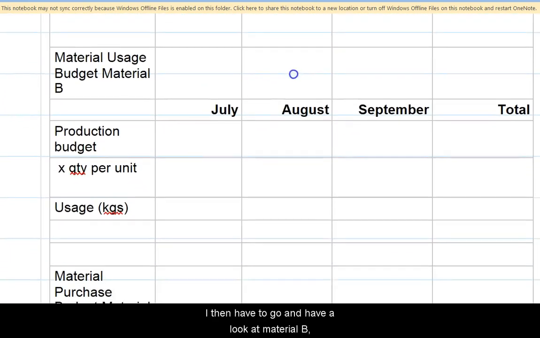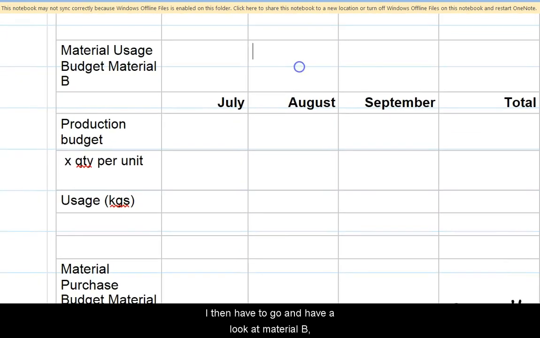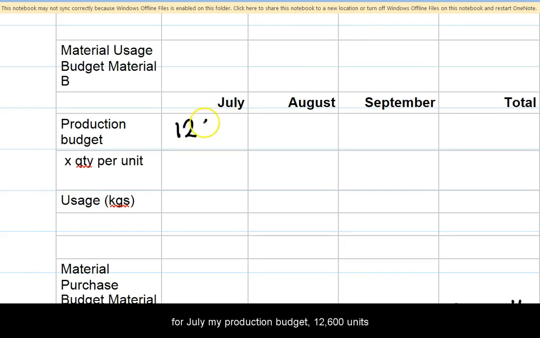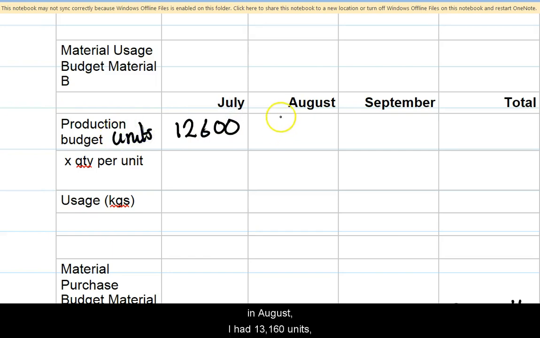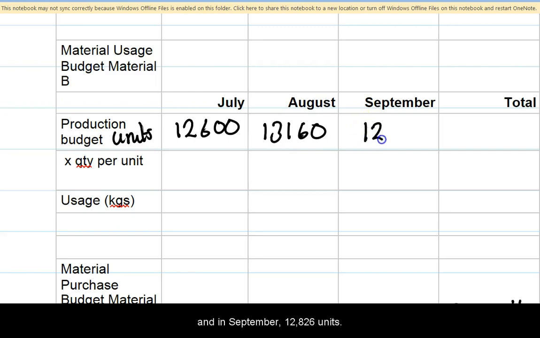I then have to go and have a look at material B. Do exactly the same thing. So for material B, I know what my production budget is. Go right back to the production budget. For July, my production budget 12,600 units. This is in units. In August, I had 13,160 units, and in September 12,826 units.